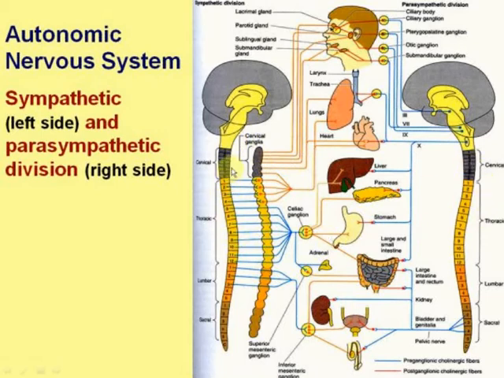The central part, the centers of the sympathetic nervous system, is located in the lateral horns of the spinal cord, in the thoracic and upper lumbar parts. Their neurons' axons form the preganglionic fibers.